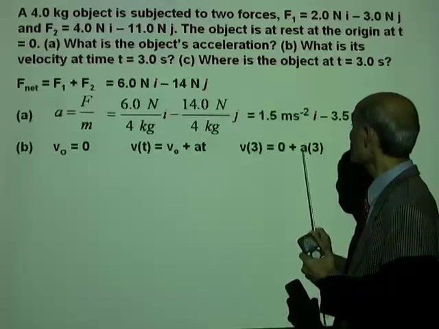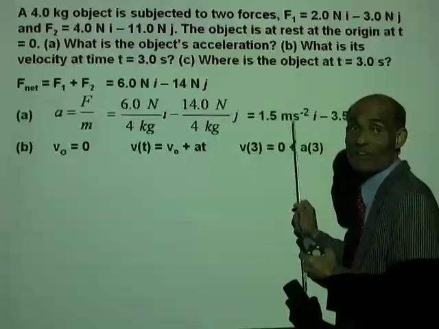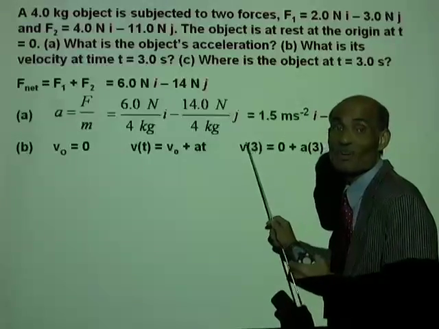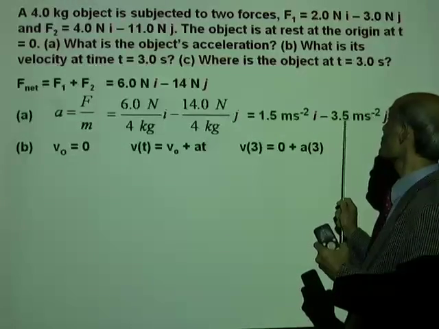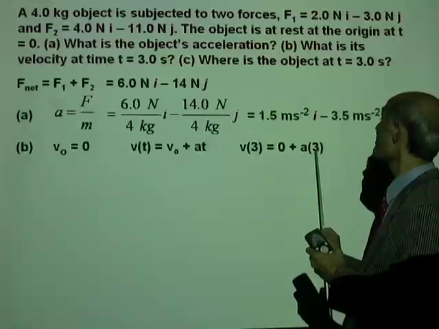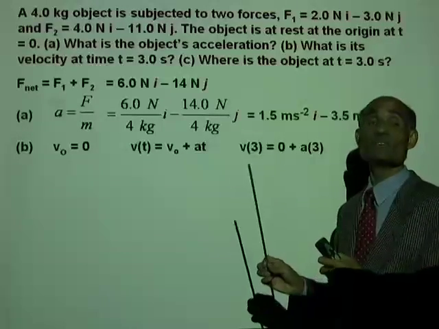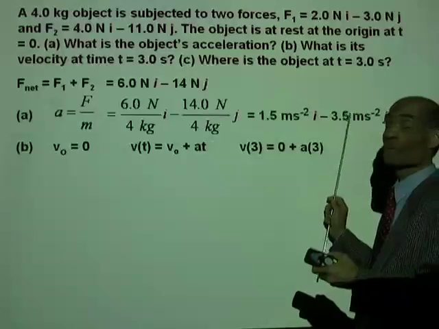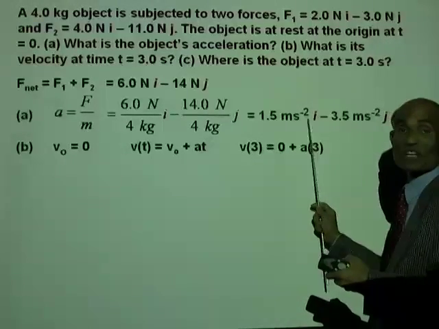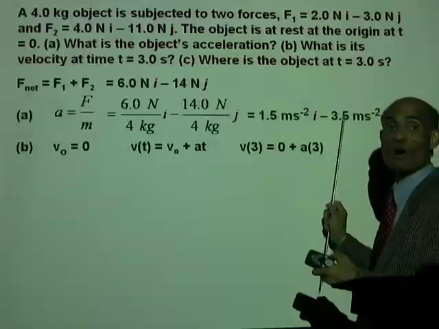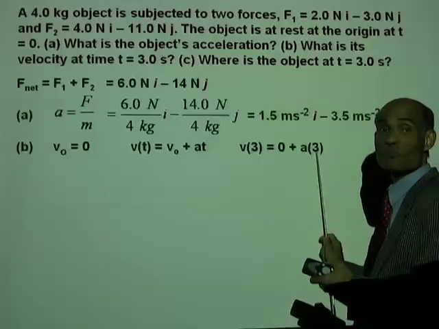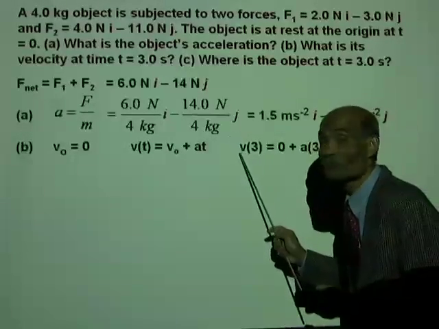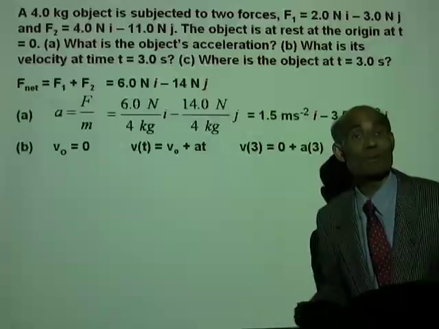Now, when you use acceleration, the X value will be the X velocity. If you use the acceleration, the Y value will be the Y velocity. And we can write it together. In other words, if this is the acceleration in the component form, multiply that by 3, you will get the velocity in the component form.